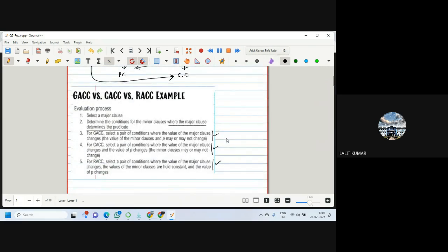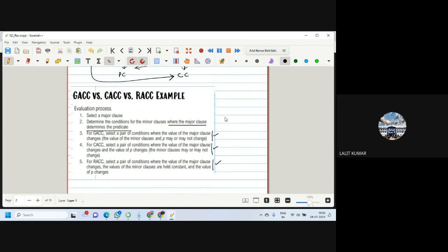Now, this evaluation process I got from an external source, and I wanted to share it with you, on how to obtain GACC, CACC, and RACC, because I personally found it quite confusing in some questions. It's a stepwise process. First, we select the major clause. Second, we determine the conditions for the minor clauses where the major clause determines the predicate.